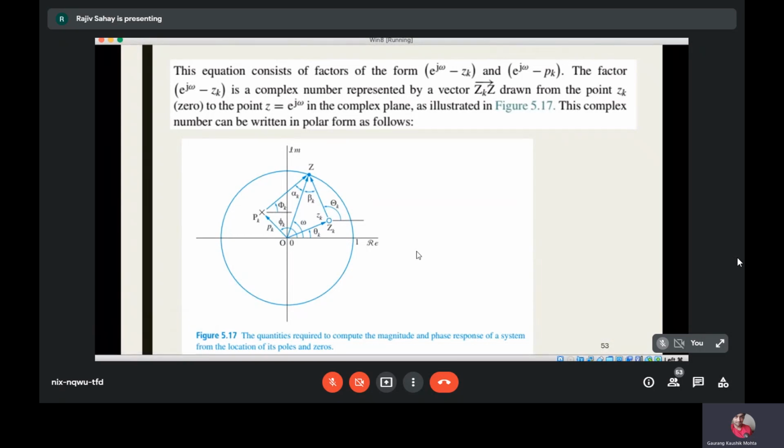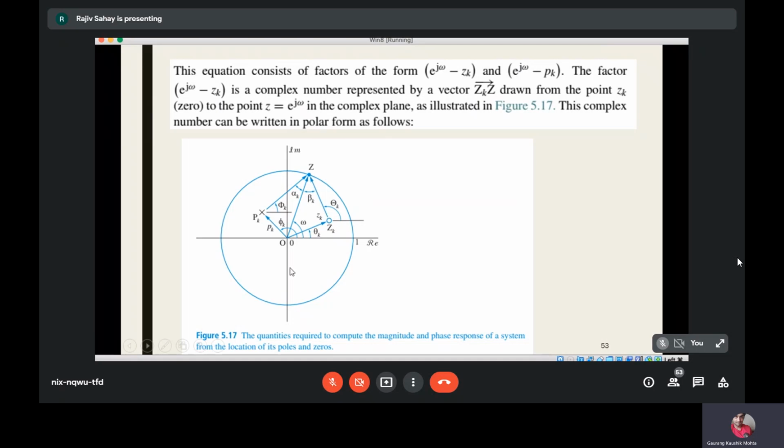The factor e^{jω} minus z_k is a complex number because z_k is a zero and e^{jω} is sitting on the unit circle. This factor is a complex number represented by a vector from Z_k to Z. This is vector notation, with an arrow on top. There is a vector from capital Z_k to capital Z, where capital Z_k is the location of the zero and capital Z is on the unit circle.